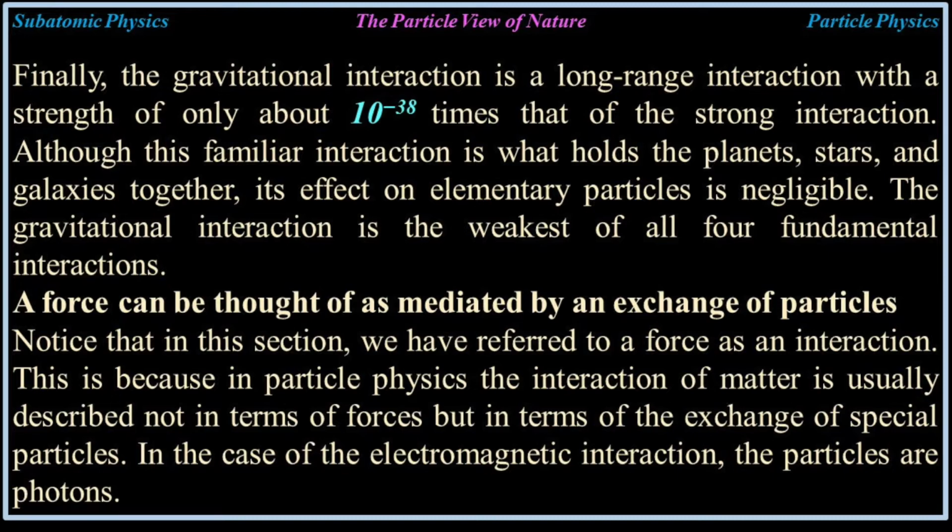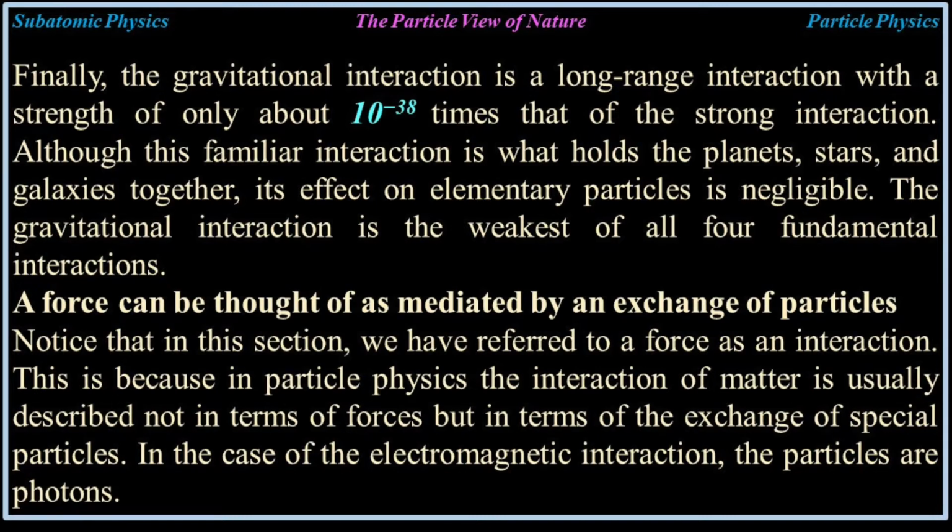Although this familiar interaction is what holds the planets, stars, and galaxies together, its effect on elementary particles is negligible. The gravitational interaction is the weakest of all four fundamental interactions. A force can be thought of as mediated by an exchange of particles. Notice that in this section we have referred to a force as an interaction.